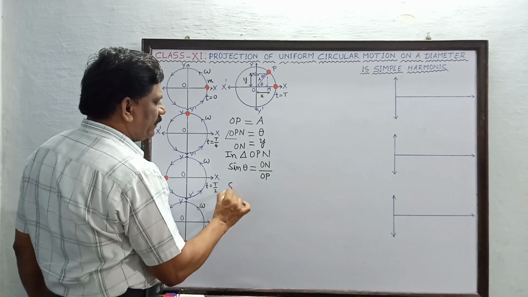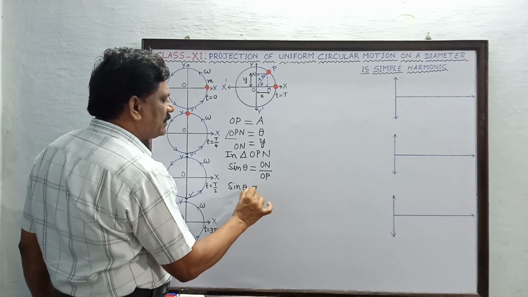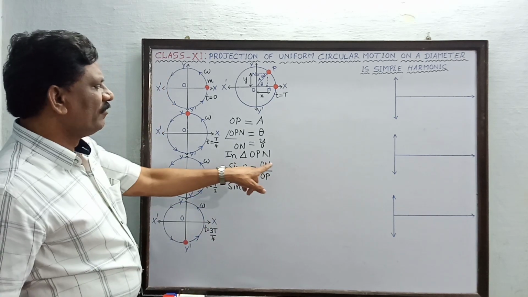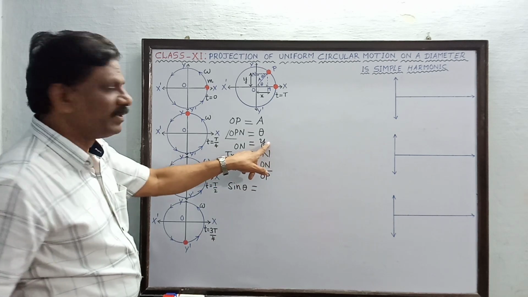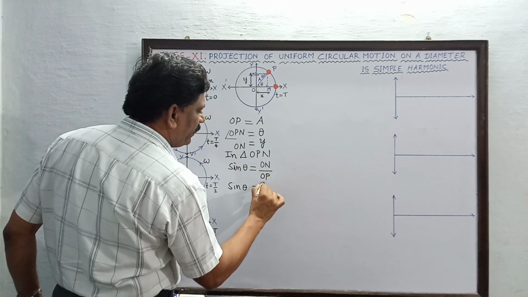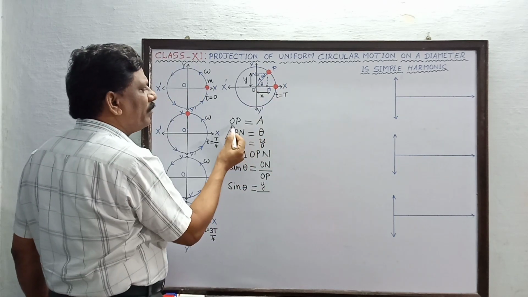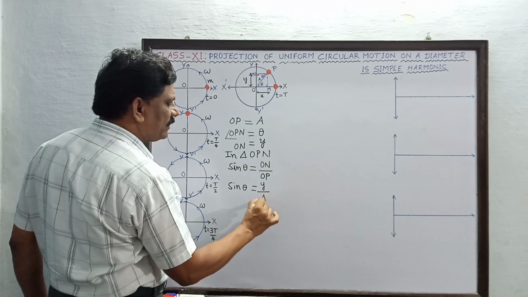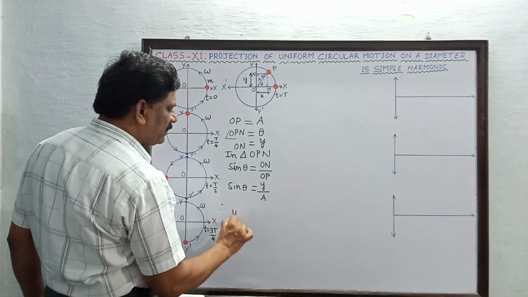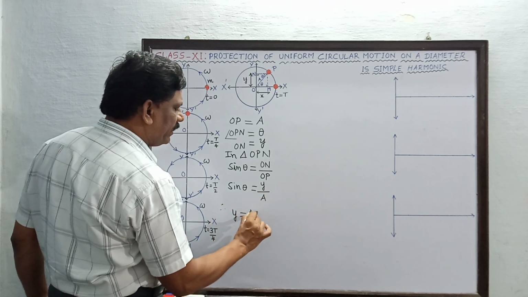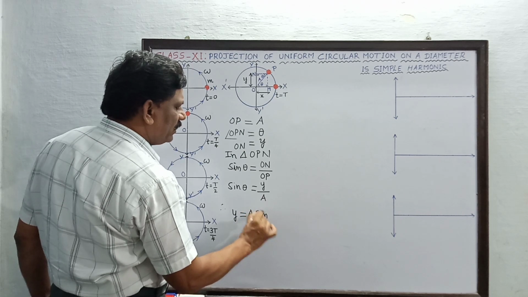So sine theta is equal to, instead of ON, I substitute the displacement y, divided by, instead of the hypotenuse OP, I substitute A. So this is A. Therefore the displacement y is equal to A sine theta.